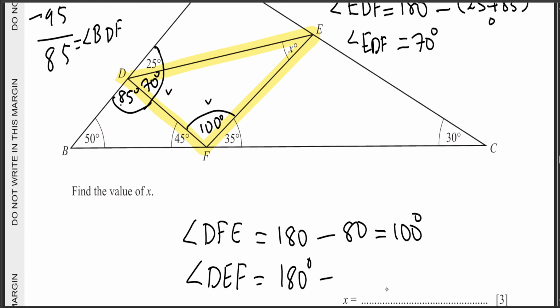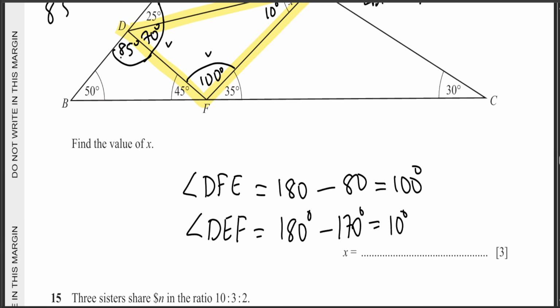So 100 plus 70 gives you 170. So 180 minus 170 is 10 degrees. So basically, this is 10 degrees here. So x is equal to 10 degrees. Pretty much very easy to grab.